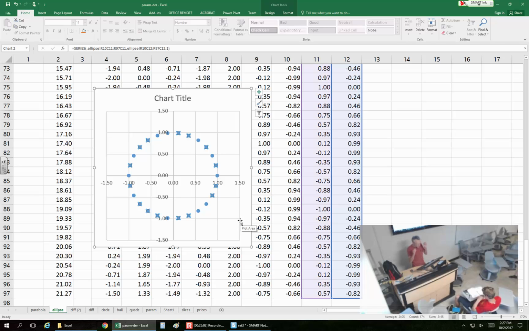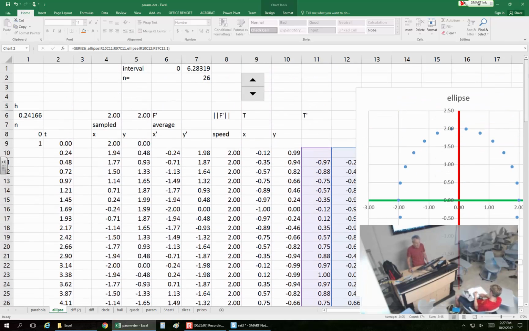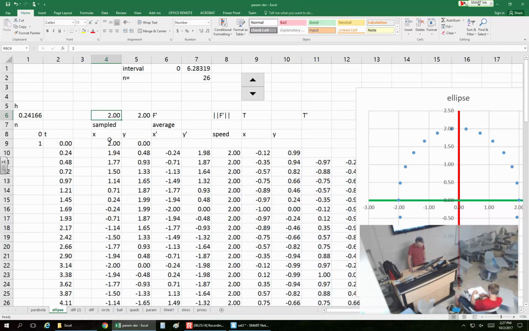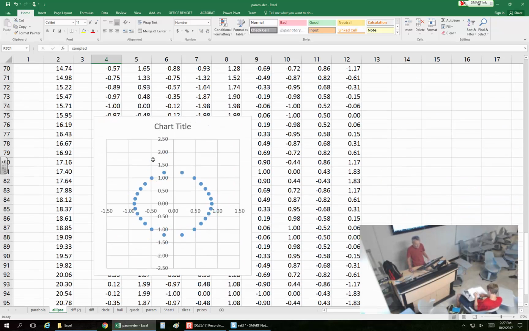As you can see, it's once again a unit circle because we are still dealing with just a circle. So let me make an ellipse for a moment. As you can see, how interesting it is.